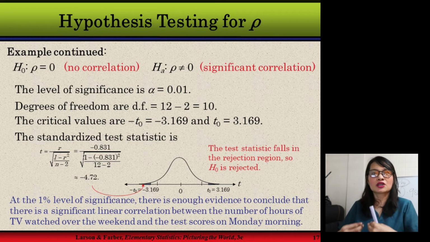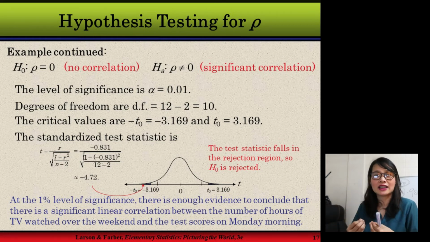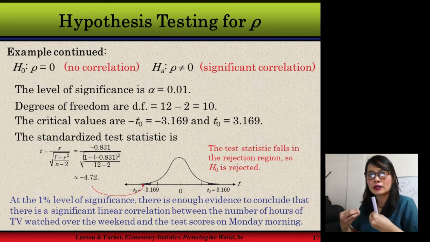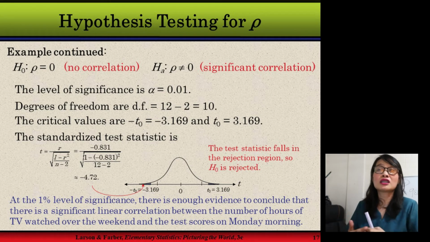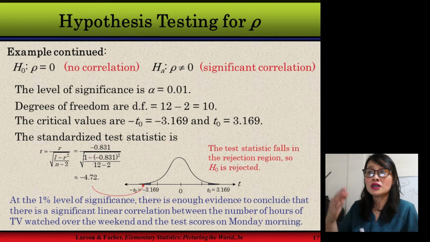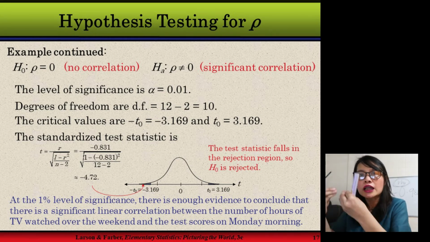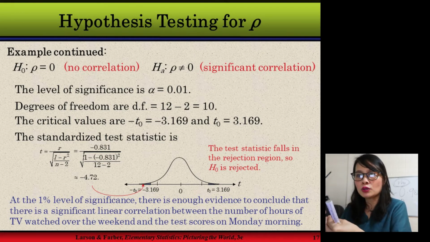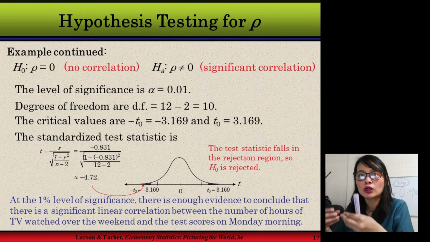But the researcher said, no, there is. If you're talking about the alternative hypothesis, you're talking about the claim of the researcher. The researcher said there is a significant relationship. So your HA will be: there is a significant relationship between the two given variables. And the symbol will be: population correlation is not equal to 0.